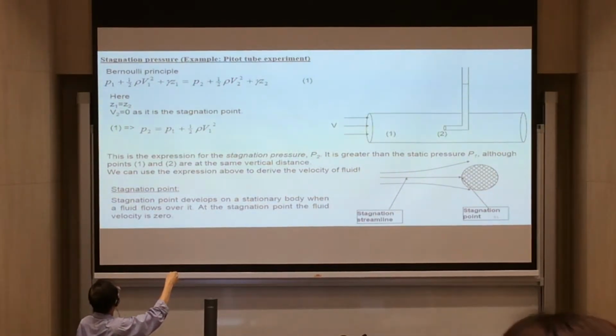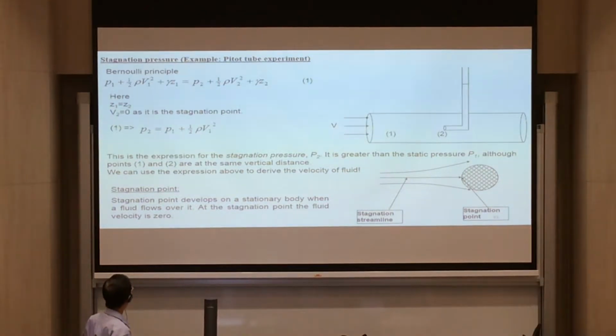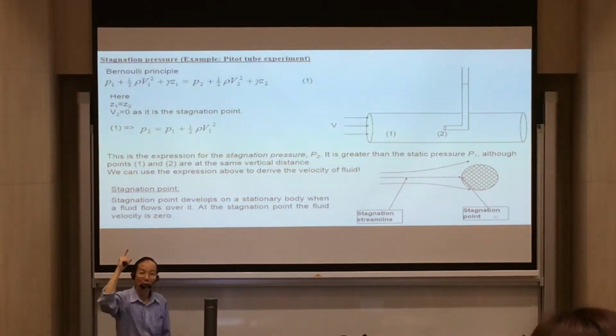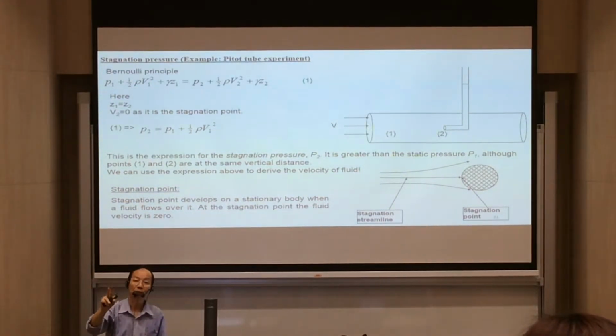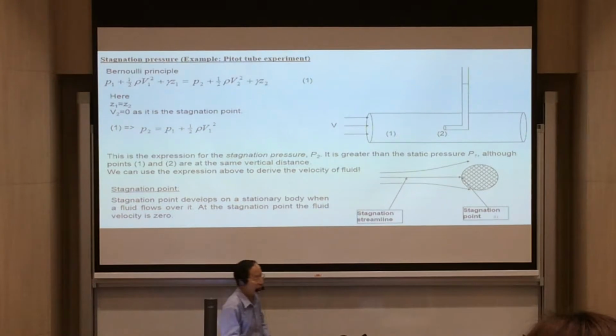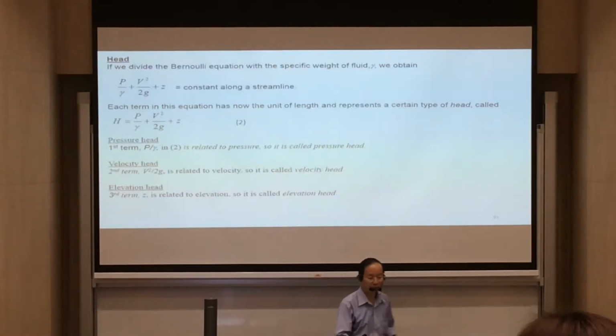Therefore, the stagnation pressure P2 is simply P1 plus half rho V1 squared. So remember, static pressure and stagnation pressure, the terms are different.